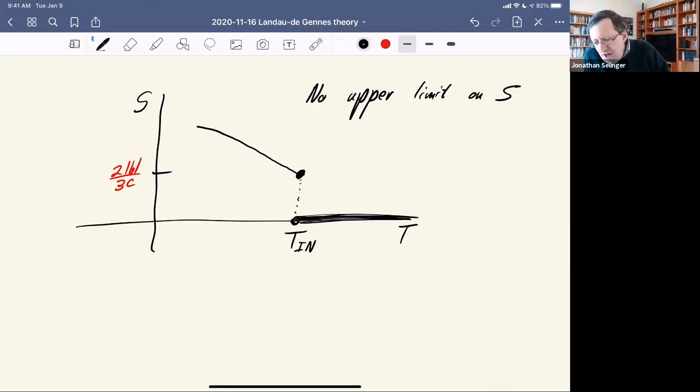That's because this kind of theory is an expansion about S equals 0, so it doesn't carry with it the information about what the largest value of S is. It's based on small S. So this is a further limitation of the Landau-de Gennes theory.